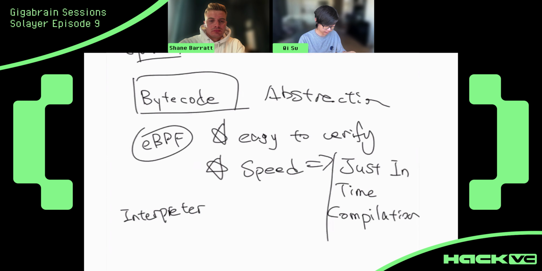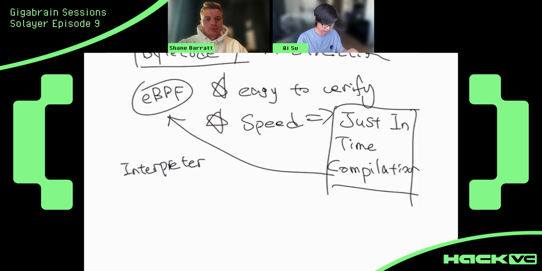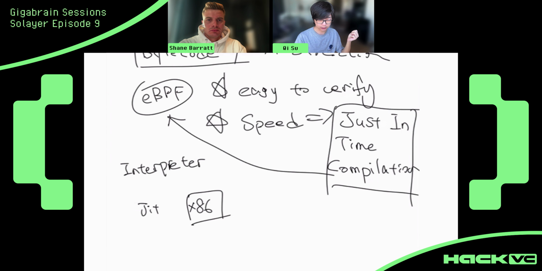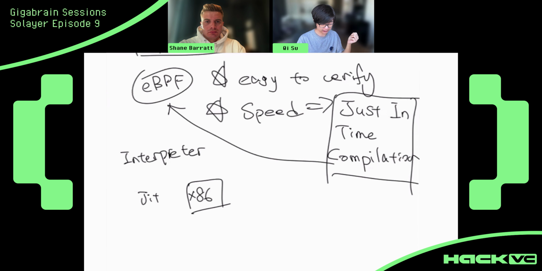But for SVM, since we're using the legacy of a kernel module, we have this just-in-time compiler, or in short, JIT. It converts this eBPF bytecode to your machine's bytecode, which is x86 machine code, which eliminates thousands or even tens of thousands of times of overhead, and that's another reason it's really fast.